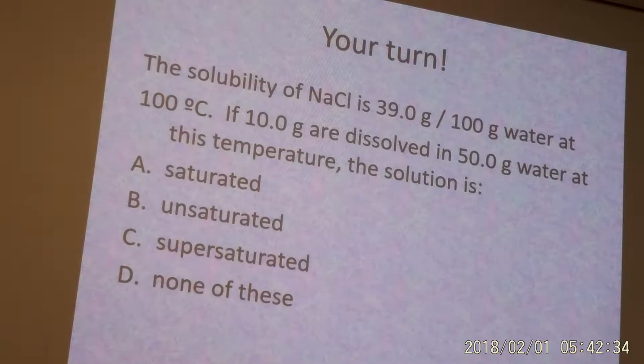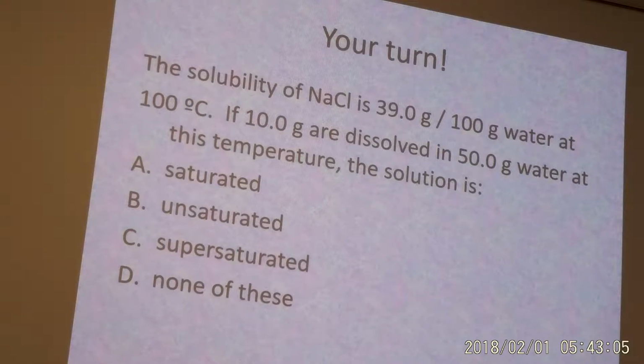What do you think? How much should dissolve in 50 grams of water? You know how much dissolves in 100 grams of water? Can you find out how much would dissolve in 50 grams of water? About half that much, is that right?